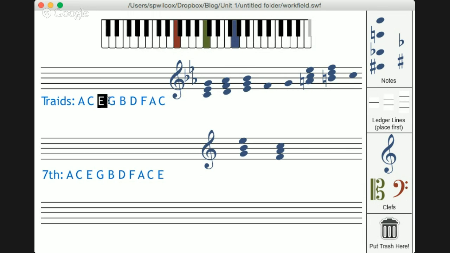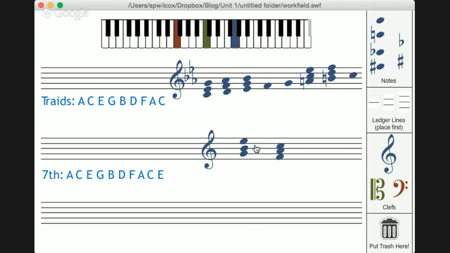So E, root position, G, first inversion, B, second inversion. And in terms of figured bass, we just call this a sixth. So this would be an E6 or E minor 6, right? That's because the distance between the top note and the bottom note is generically speaking a sixth.